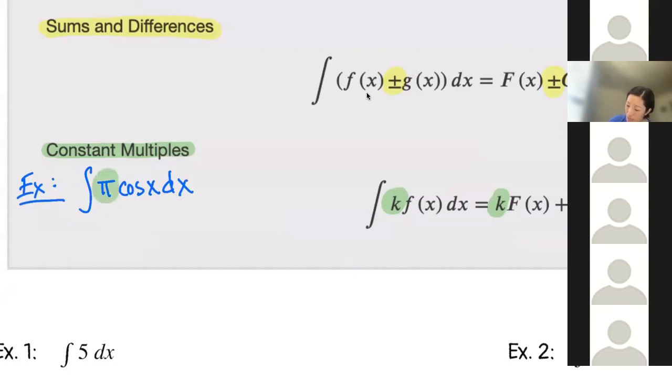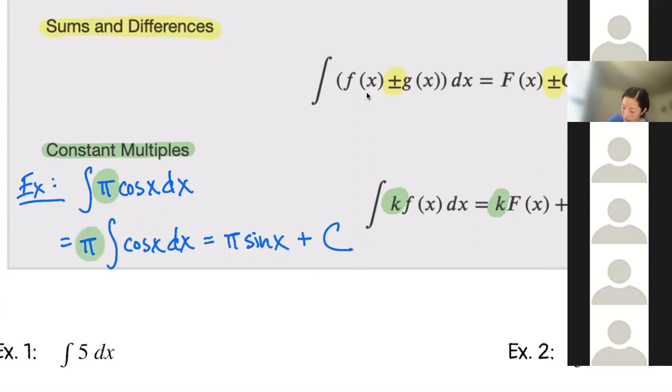And so what this rule says is that we can go ahead and bring the pi out in front of the integral, and then just figure out what the antiderivative of that piece is. I think we know that if the derivative is cosine, it came from the original function of sine. And so we'll get pi times sine x plus c. All we've done is take that constant out, then taken the integral, and then multiplied it back in.